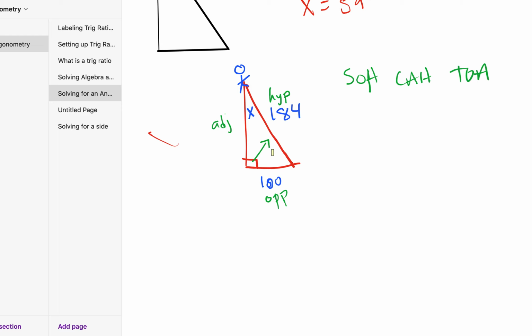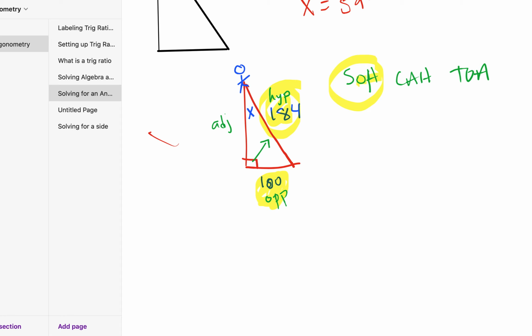So since we only have two of the three numbers, we don't have the adjacent side, we have to use the one particular ratio. We can't choose from the three. So in this case, we have the opposite and the hypotenuse, these two numbers. So we have to use sine because that's the one that uses opposite and hypotenuse.